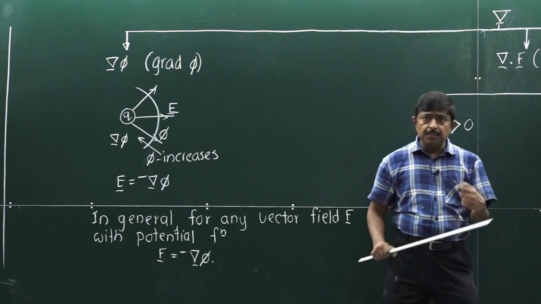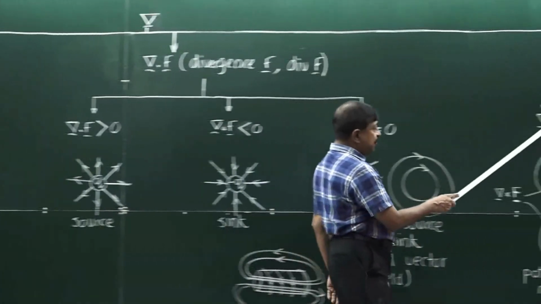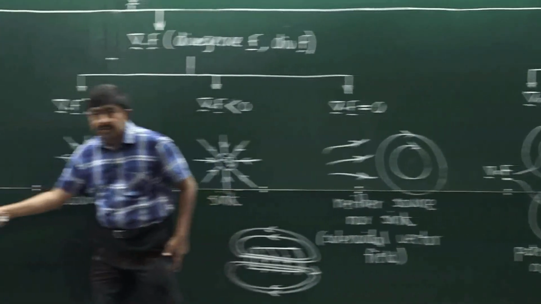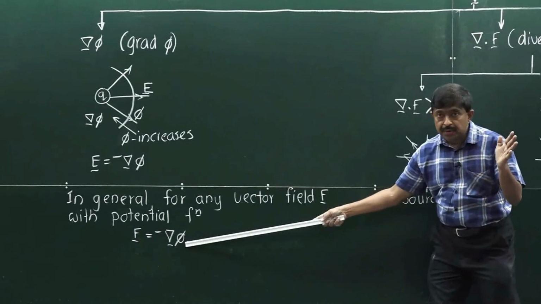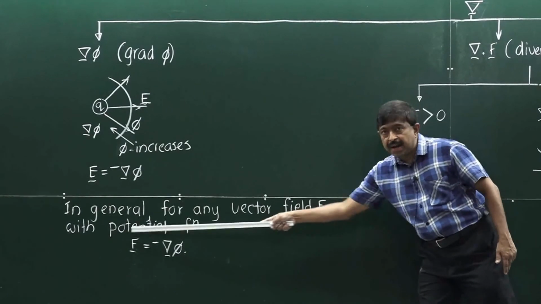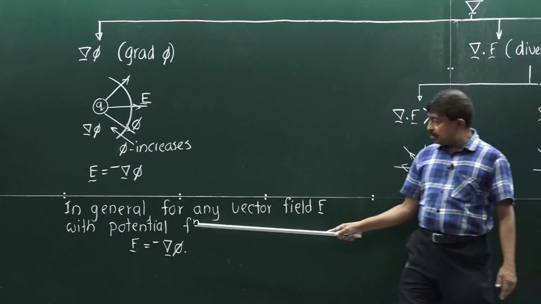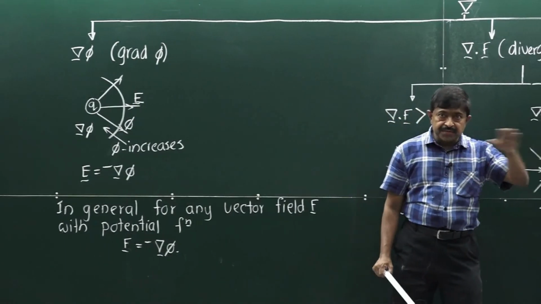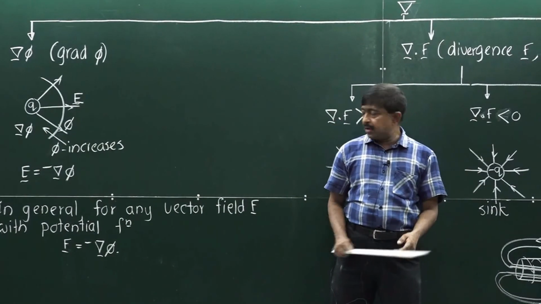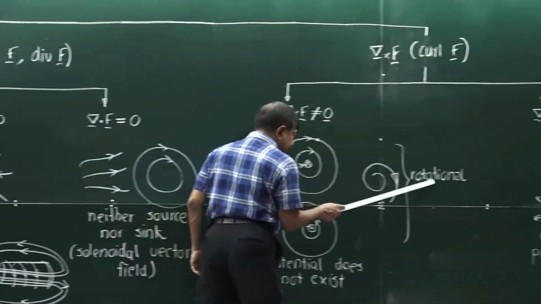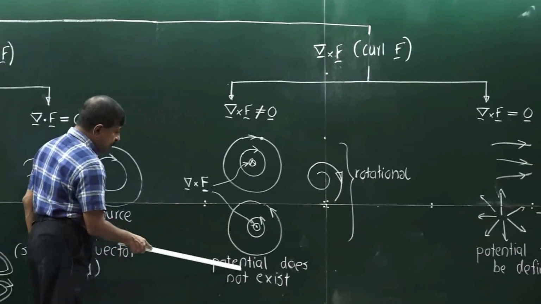If you don't have a potential function, that means if it is rotational, then you cannot write the vector field like this, because there is no phi. This relationship does not go hand in hand. You can put any function, but you cannot get F. You get some inconsistent equations, right? Therefore, if there's a rotation, no potential exists.